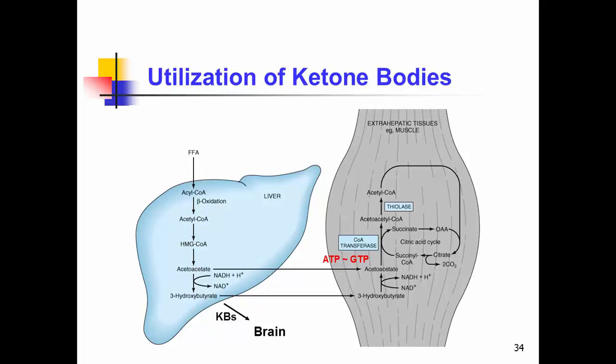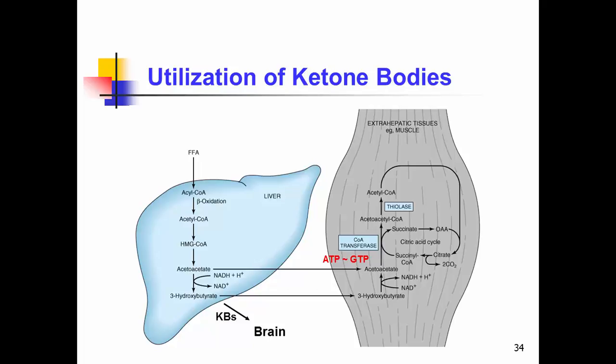Okay, so utilization of ketone bodies. Again, we're showing here that fatty acids are picked up by the liver and go to beta oxidation first and generate acetyl-CoA, and acetyl-CoA as the substrate enters the ketogenic pathways for synthesis of ketone bodies, acetoacetate and 3-hydroxybutyrate.